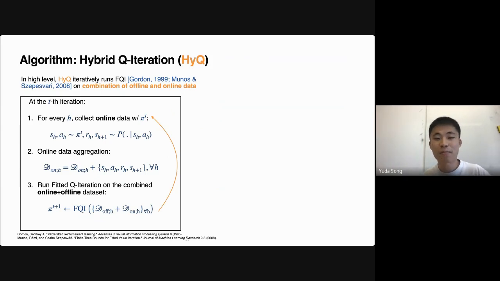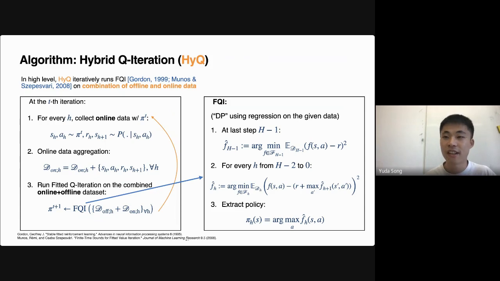I'm sure many people here are already familiar with what fitted Q iteration is, but let's just quickly overview it. Fitted Q iteration is a dynamic programming style algorithm that just does regression on whatever dataset I gave you. Basically, we do regression from the last time step, or last horizon, all the way to the first horizon.